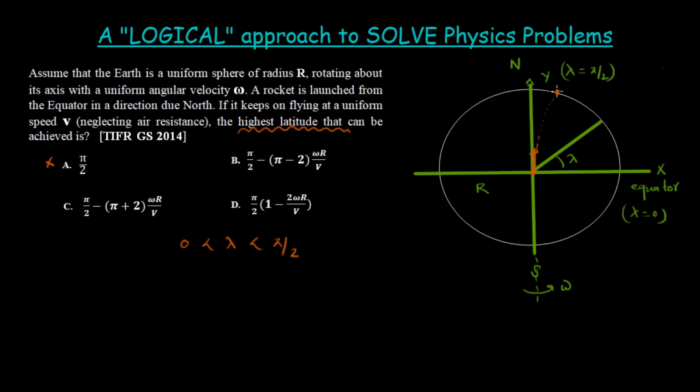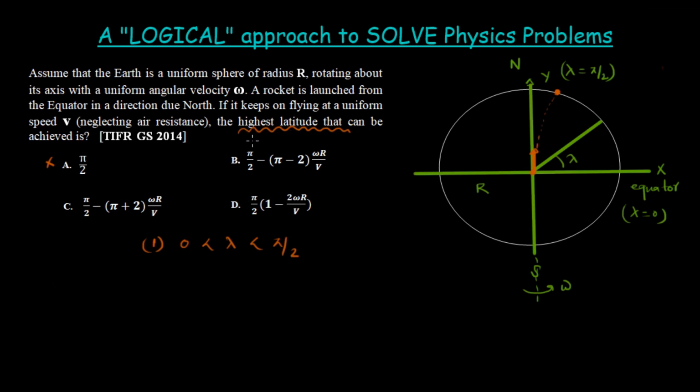It will go somewhere here, which is not pi by 2. So I have neglected the first option here. The highest latitude will be one of the other three options. This is the first approach I got from this pictorial representation.